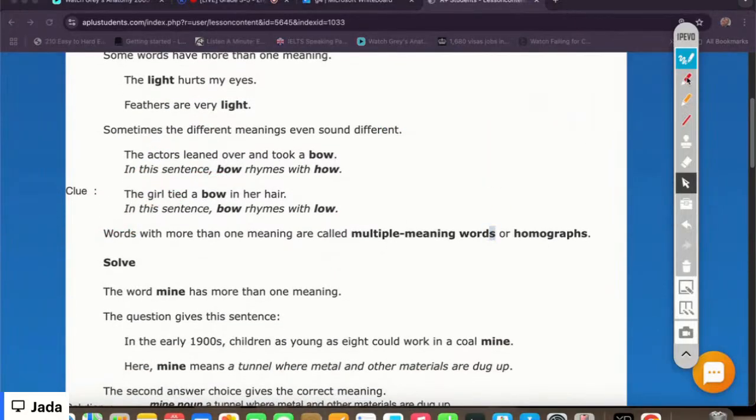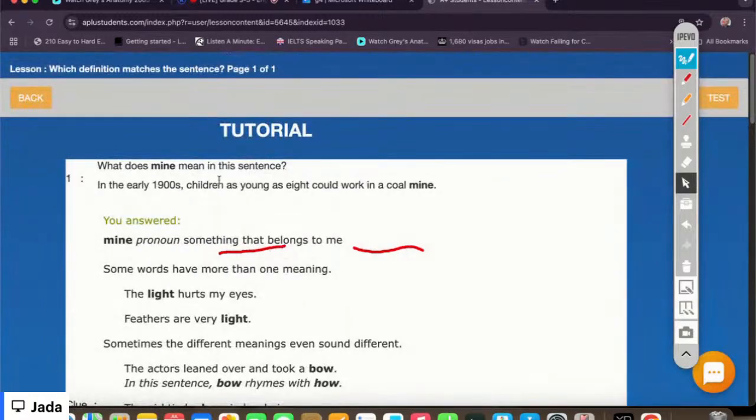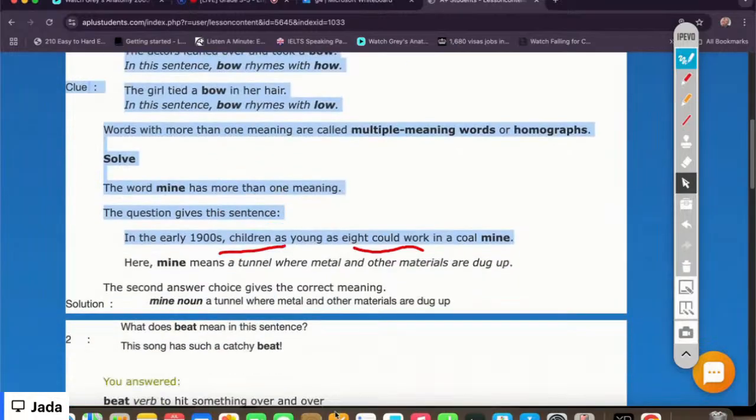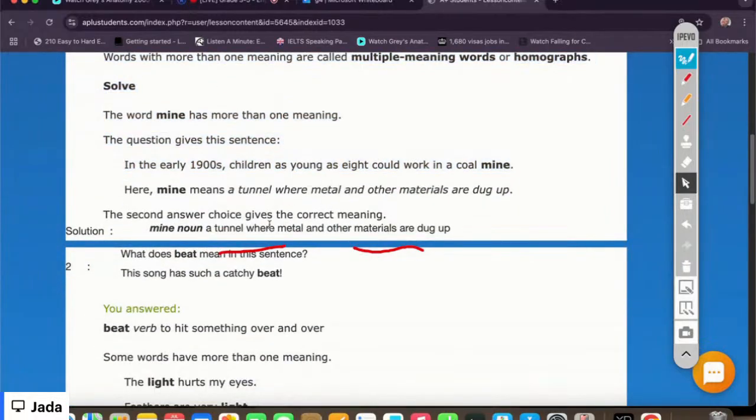Now, words with more than one meaning are called multiple meaning words or homograms. So they will just have the same words but with more than one meaning. Now, what does mine mean in the sentence? In the early 1900s, children as young as 8 could work in a coal mine. So as you can see here, it's talking about the coal mine, where people go for mining and stuff like that.